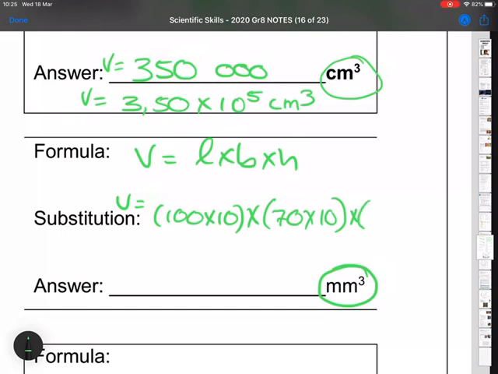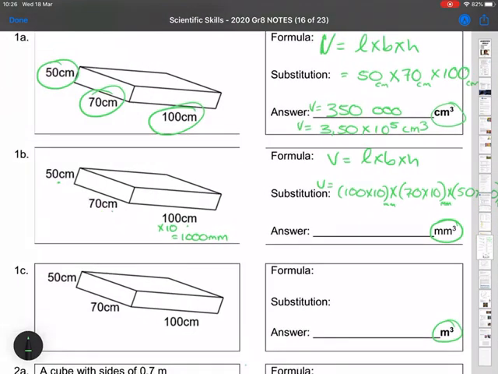And then the last side is 50 centimeters. 50 times 10 will give you an answer in millimeters. So these are all millimeter values. You don't have to write those millimeter values in your substitution, but you do have to show 100 times 10, 70 times 10, and 50 times 10. So the 70 centimeters is the same as 700 millimeters if you times by 10. 50 centimeters is the same as 500 millimeters if you times that by 10.